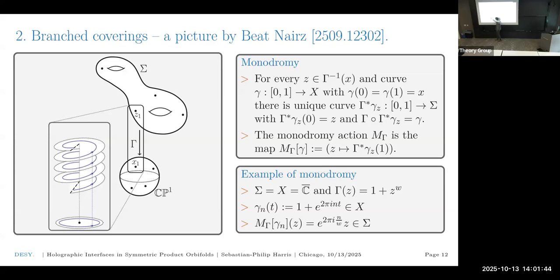And locally in this neighborhood, the map looks like this. So every point that's at a generic point that's not the branch point has 4 pre-images in sigma. So we read off that this covering map is a degree 4 covering map.